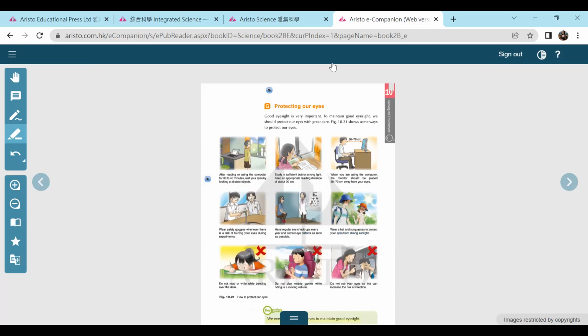Okay, so let us, I will watch this experiment video. Astigmatism which means 散光, cataract which means 白內障.